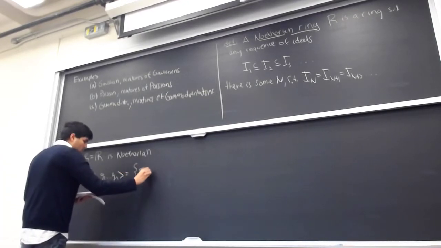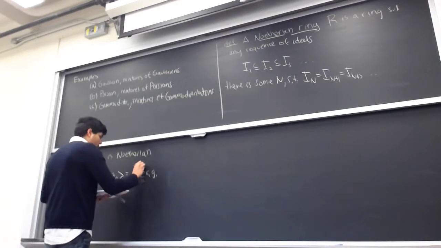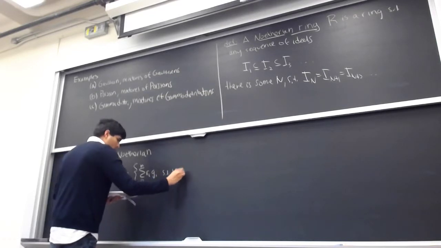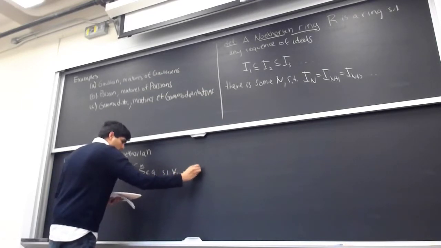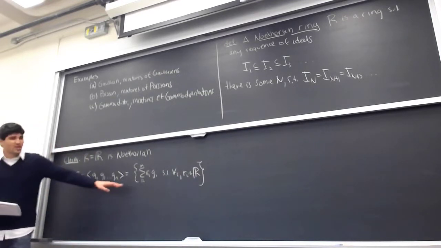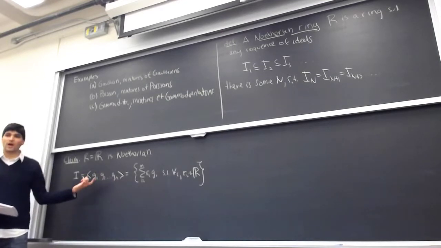It's the set of all real numbers that I can obtain like this. So I claim there's actually only one of two options for what this ideal generated by these values is.